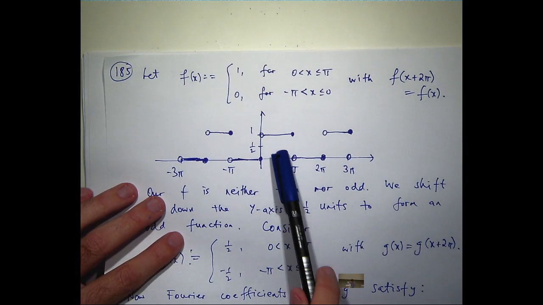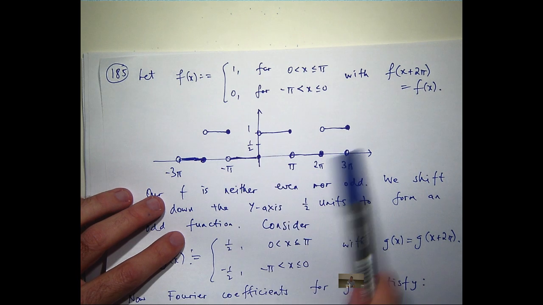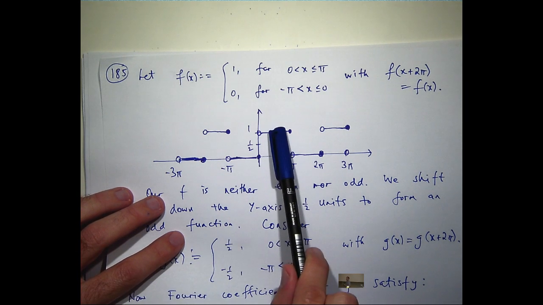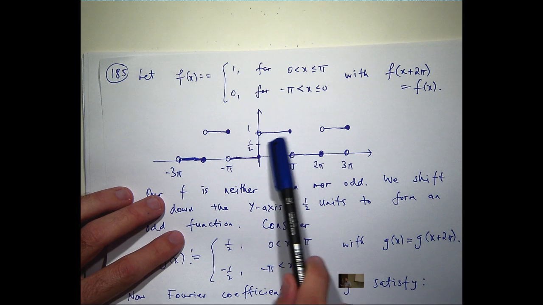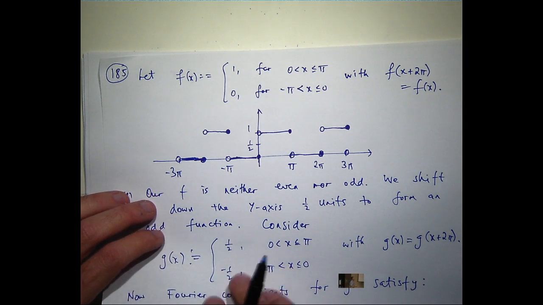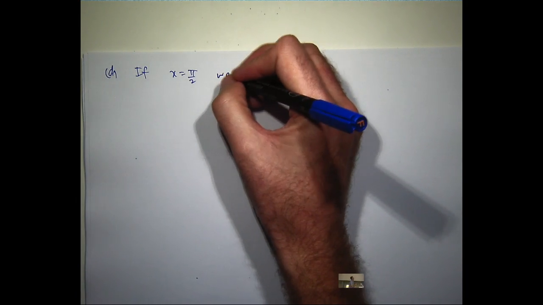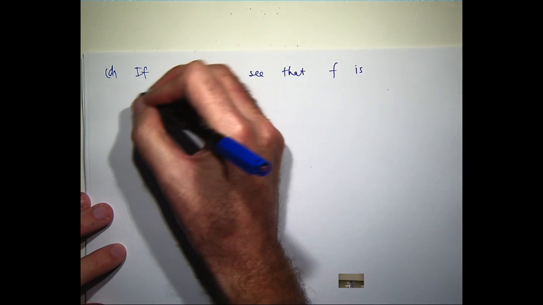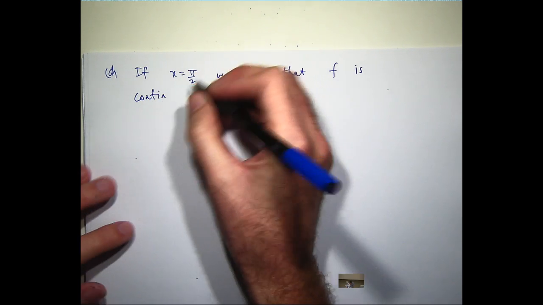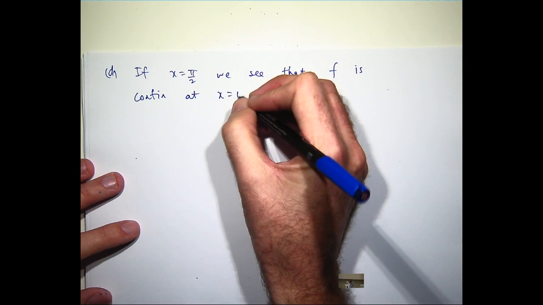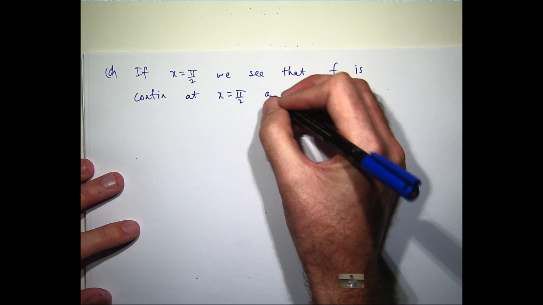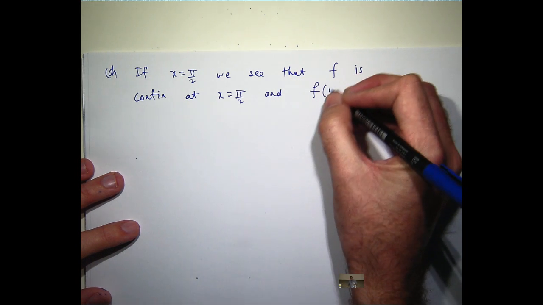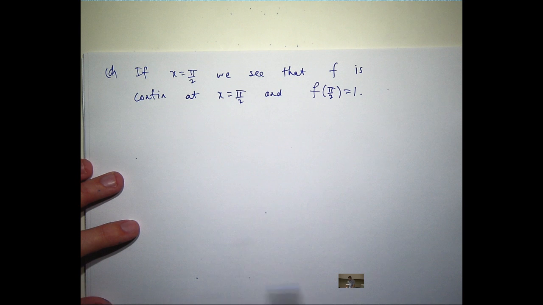Let's have a look at our original function. Let's say x equals pi on 2, which is here. What's the value of our original function at x equals pi on 2? It's 1. And in particular, the function's continuous at x equals pi on 2. So f of pi on 2 is just 1.